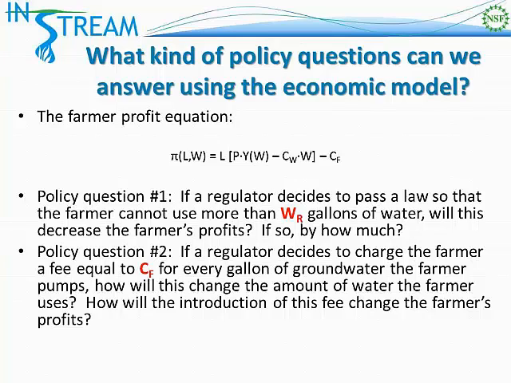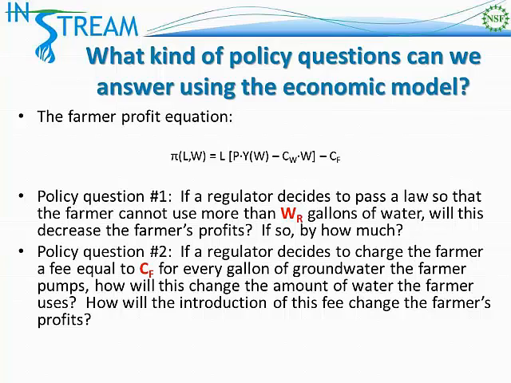This could be an important policy question because it shows us that there are trade-offs. There may be trade-offs in a regulator's decision to limit water use by the farmer.